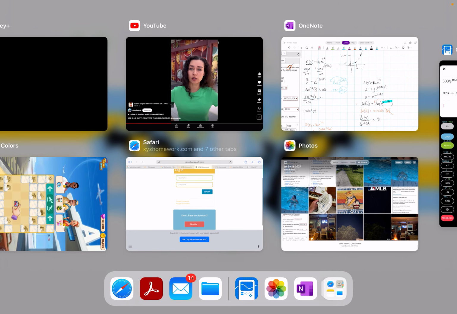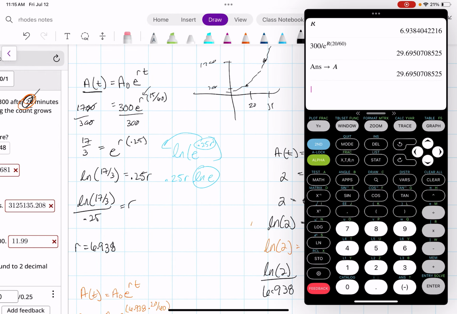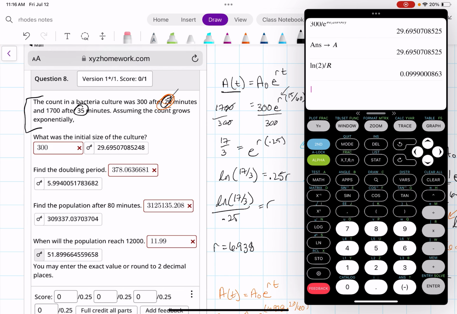Get my calculator disappeared. All right, so ln of 2 now divided by the 6.938 number, which I have stored as r. It gives me that. Okay, so now that's kind of weird because that's not what the answer is asking for. Remember, that's hours. Every time I solve for t, it's in hours. It doesn't say to put it in minutes or what kind of unit to use.